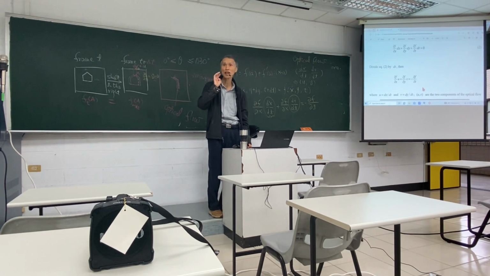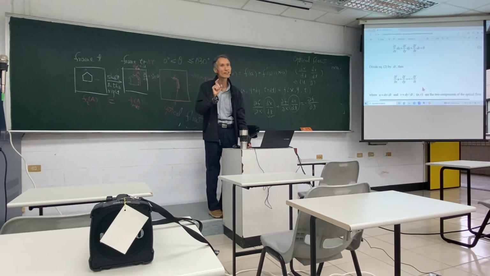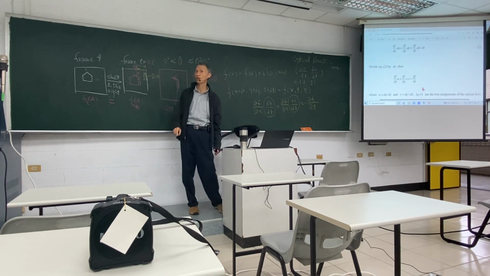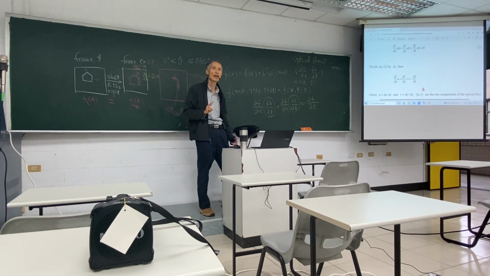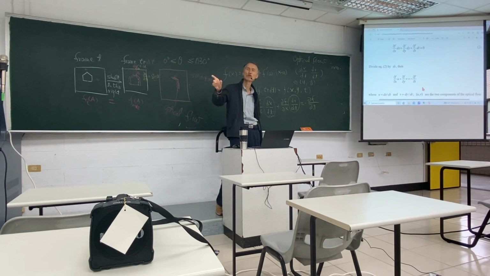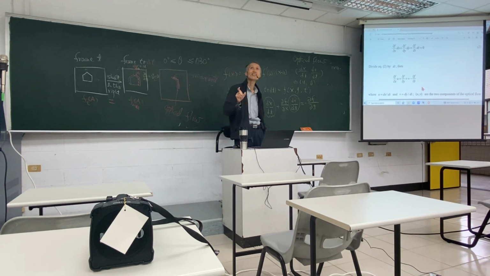When I say a vector, I mean each point has its own optical flow. An optical flow is a vector, and a vector contains the length, the distance it moves, and the direction. Whenever we say it is a vector, it has two things: first, how much it moves, its magnitude; second, which direction it moves to. So optical flow has two things: how much it moves, what is the length, and what is the direction it moves. That's it. Let's take a break.